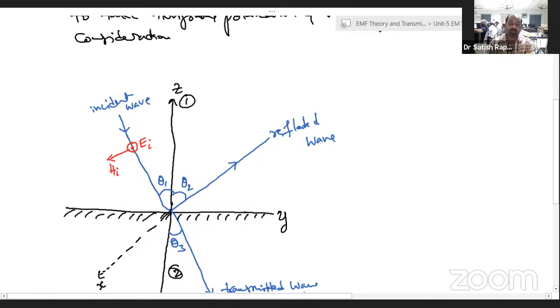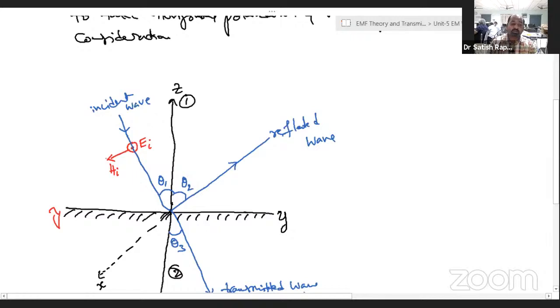So this is how we can indicate the electric field. Here I have indicated the electric field with a dot, in the sense that the electric field is in the positive x direction. So this is x, so a dot means the electric field is perpendicular to the yz surface, right?